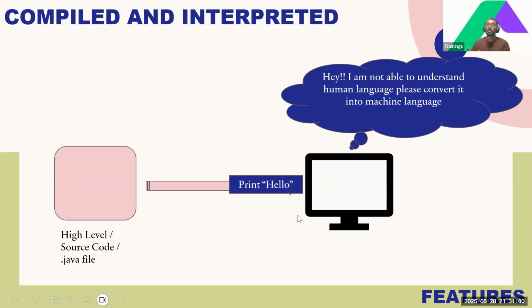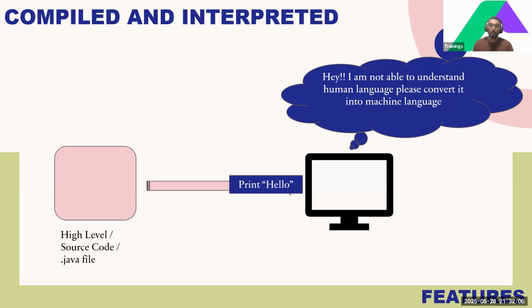For example, you are traveling to Japan or China. Will you learn the Chinese or Japanese language for that? What you will do is hire one translator who knows your language as well as Chinese or Japanese.